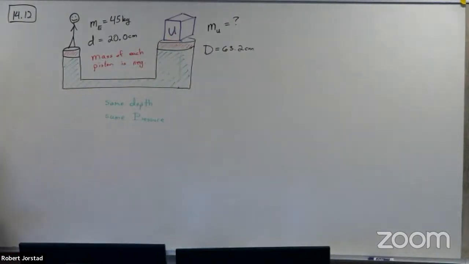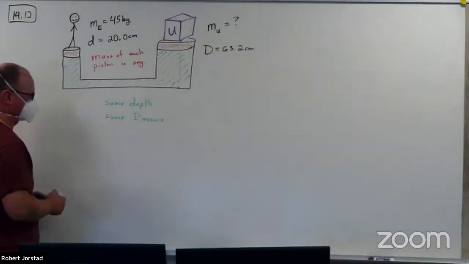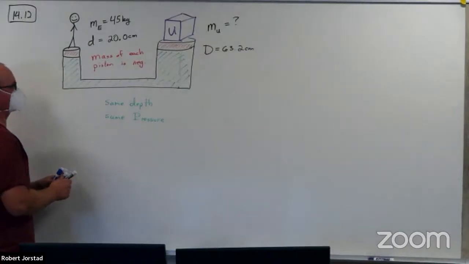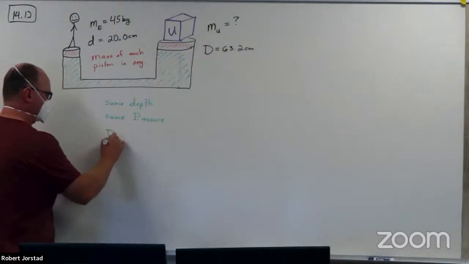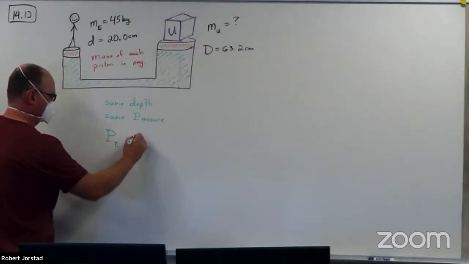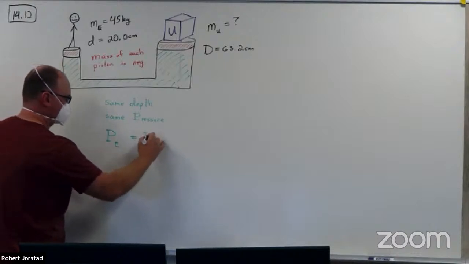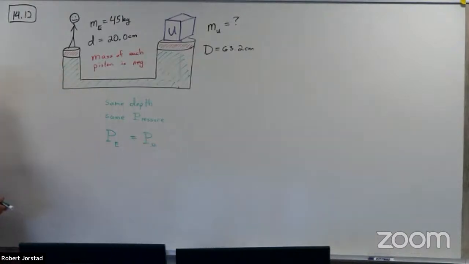Cool? Just ignore those. Well, if we have the same pressure, the pressure at Esme's side should equal the pressure on the uranium side. P_U.